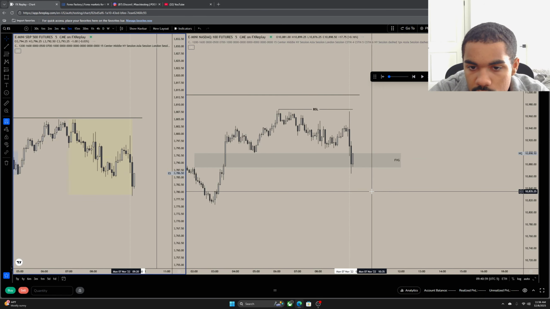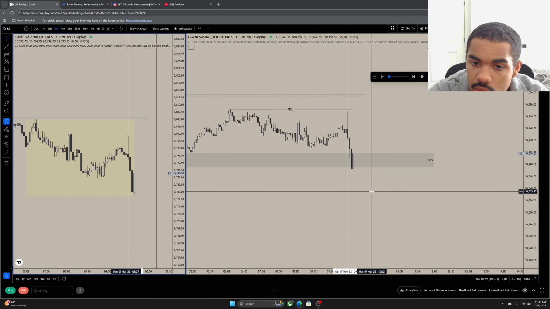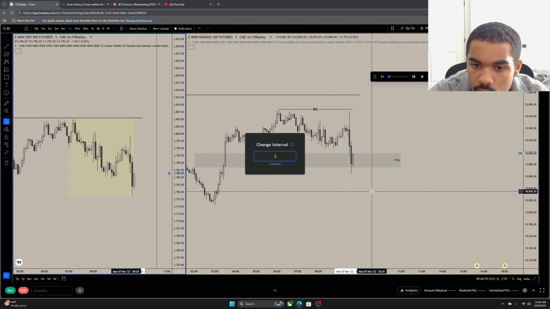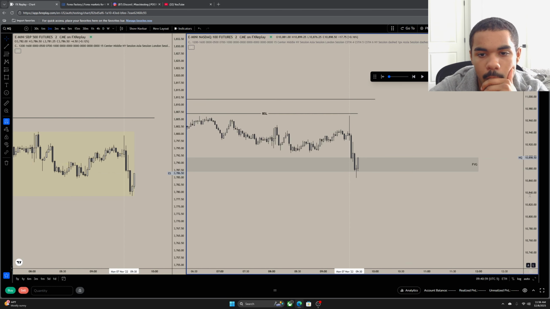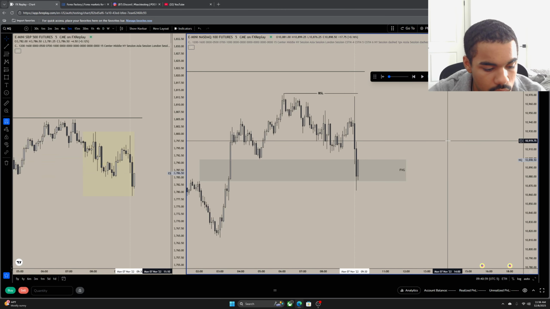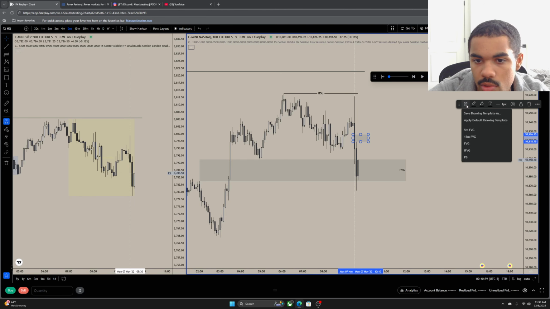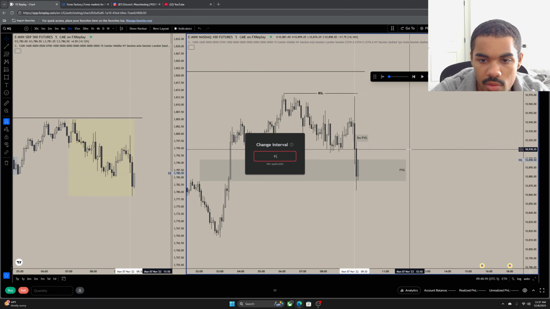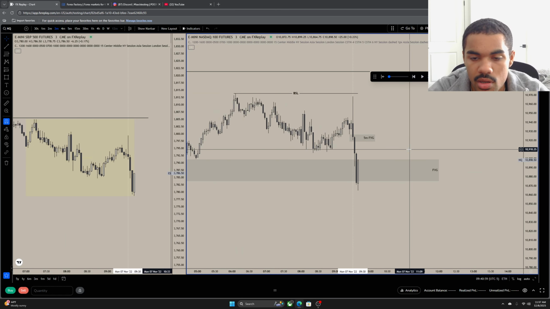Okay, we got a 2 minute, 3 minute, 4 minute, 5 minute, 4 minute, 2 minute. Huh. This is actually kind of weird. It's just a bullish mech with trend. 5 minute gap. There's a 2 minute leg here, 3 minute.